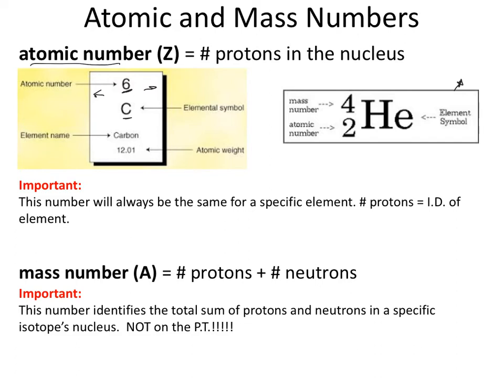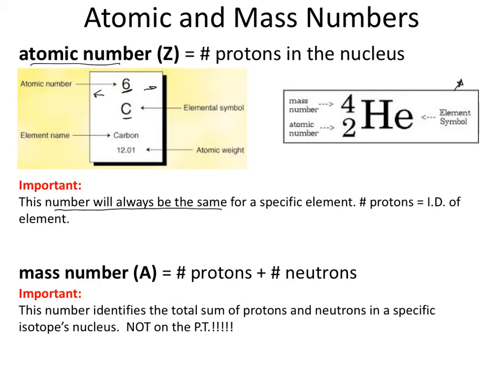Now, another important concept that you need to glean from this is that the number above the element symbol, the atomic number, is always going to tell you the number of protons, and the number of protons always tells you the identity of the element. So every element has a specific number of protons. If you change the number of protons, you no longer have that element.